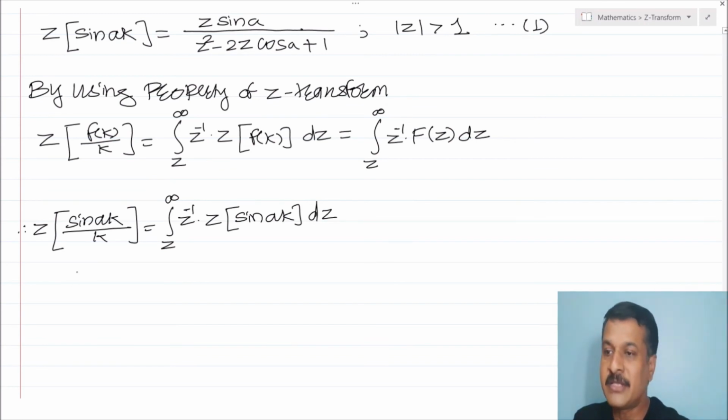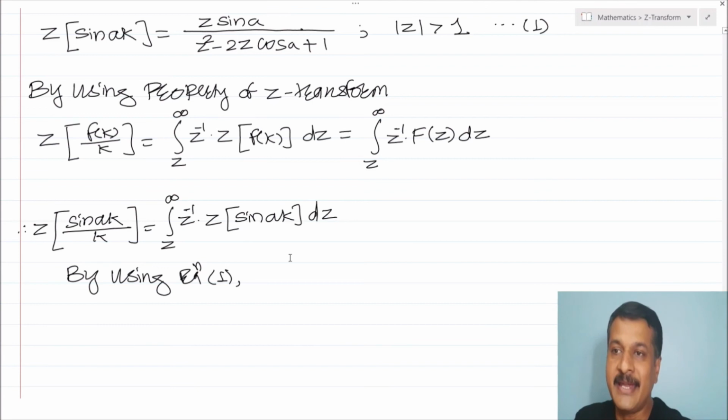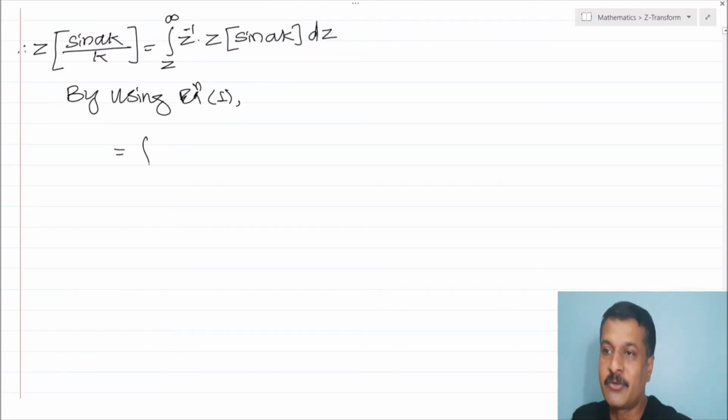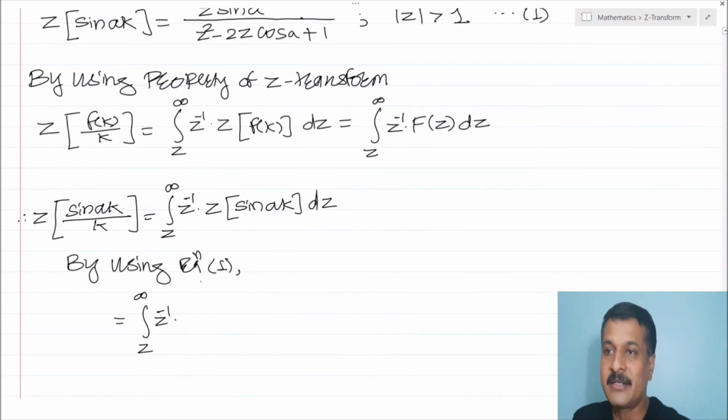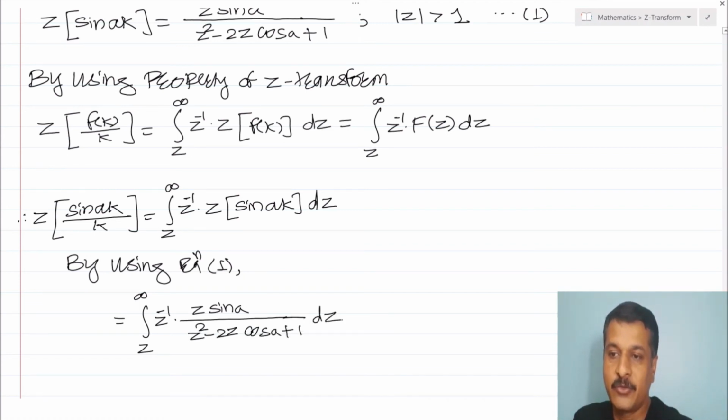By using equation 1, the z transform of sin ak, you substitute there. So I am getting that is equal to the integration from z to infinity of z inverse into the z transform of sin ak, which is nothing but z into sin a upon z square minus 2z into cos a plus 1 into dz.